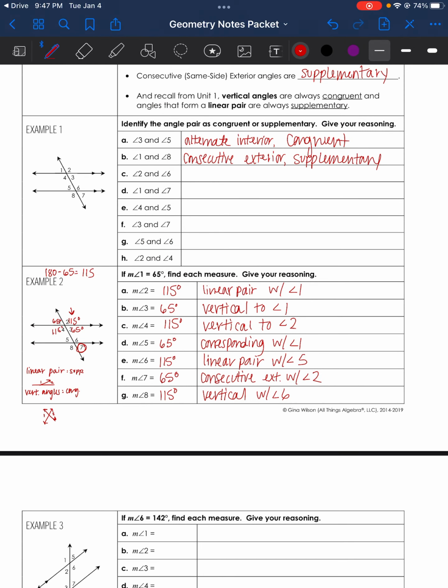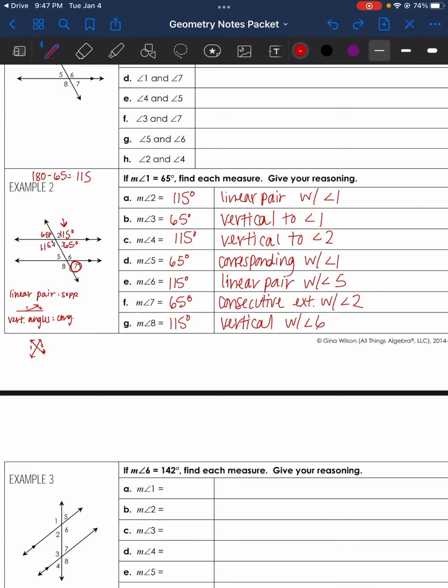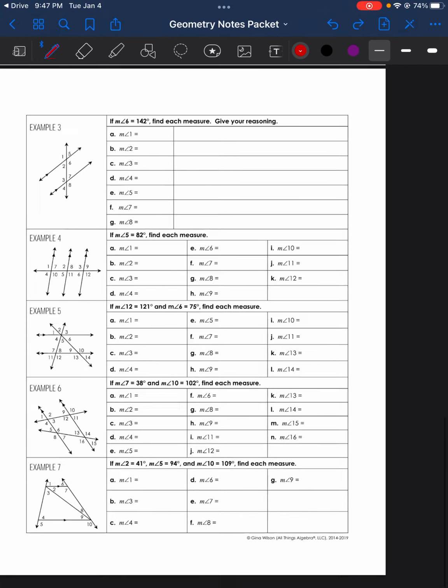So all of these measures here should be the same as what I have, but all of your reasonings could be totally different. As long as they're correct, it could be whatever you want it to be, whatever angle pair you choose to highlight or to use.